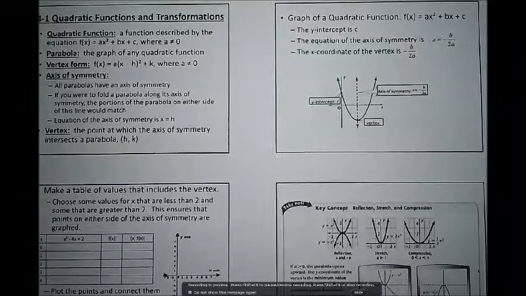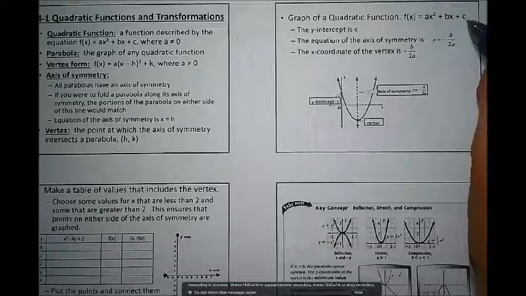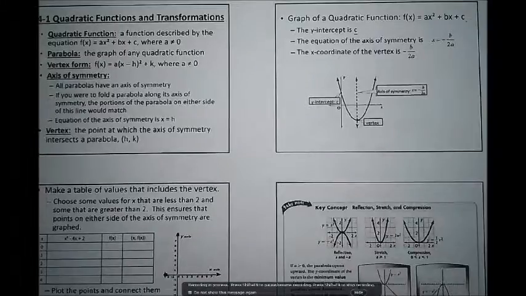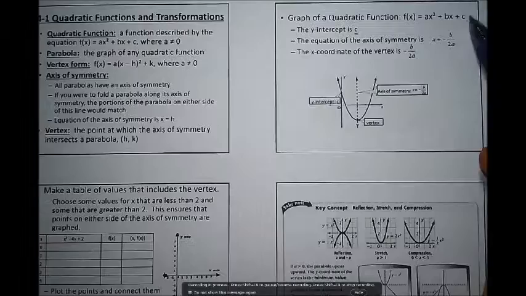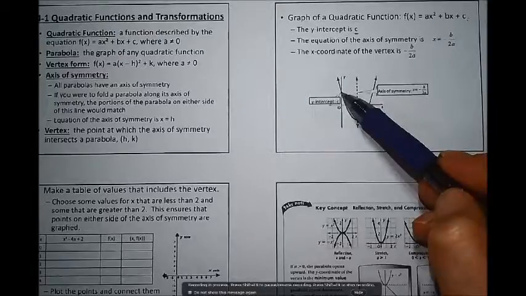See, this number right here is where the y-intercept is. What that means is whatever number is right here at c is going to be where your parabola crosses the y-axis. Okay?